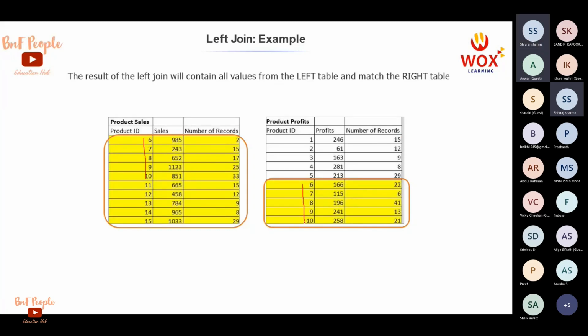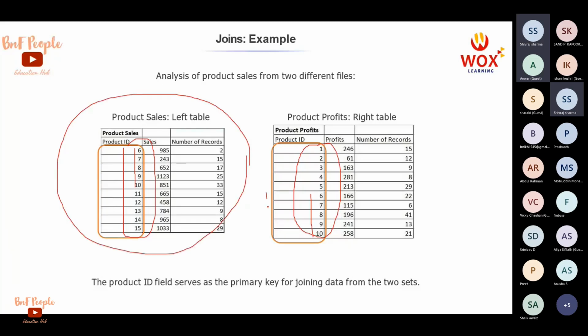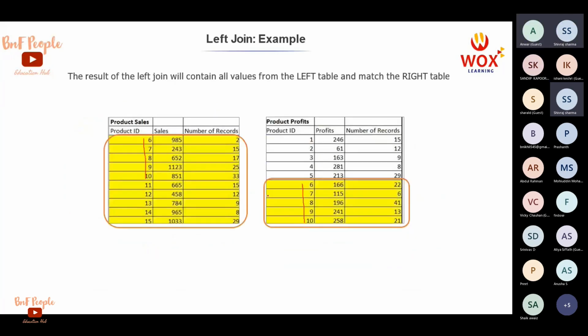I'll go back one slide. See, you have 6, 7, 8, 9 and 10 here, similarly 6, 7, 8, 9 and 10 here. So in a left join you will get all these credentials along with this one. Let's see, it will make clear how these joins perform.